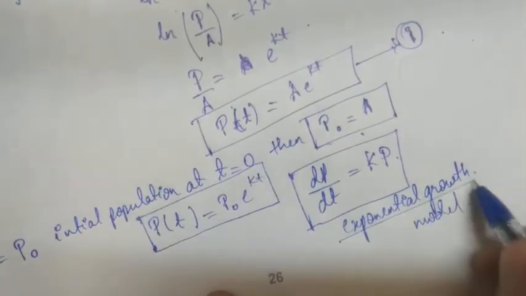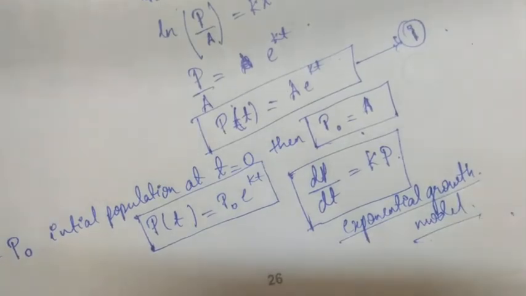As you know, the population is growing day by day in our country and in the whole globe. The mankind is growing day by day. We can take this and solve with respect to time, and we get exact answers. So this is all about exponential growth of population.